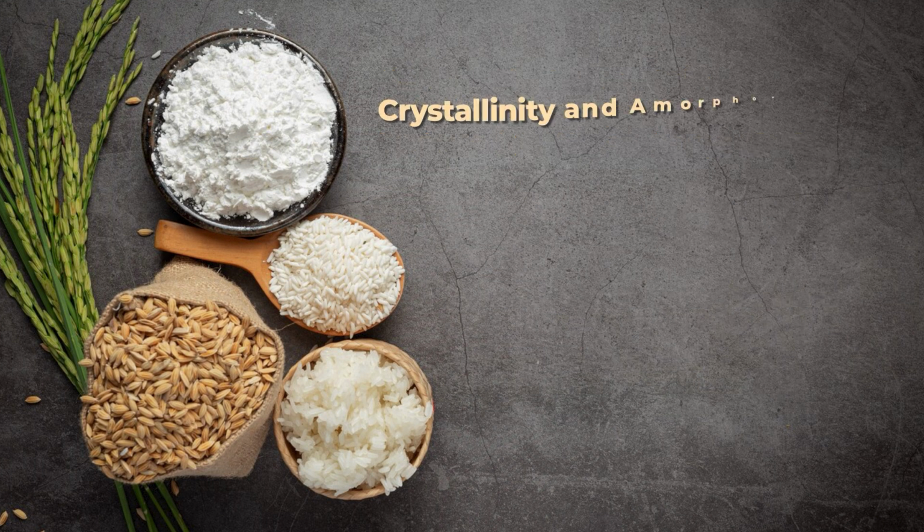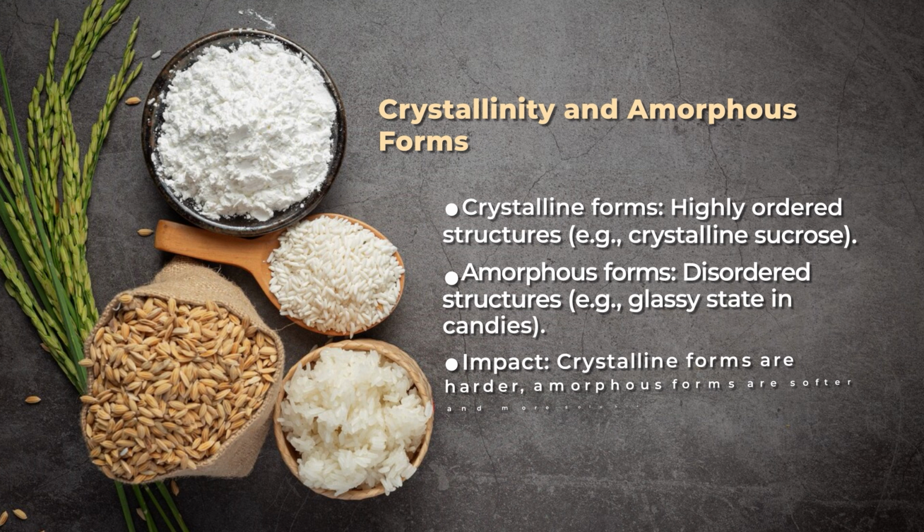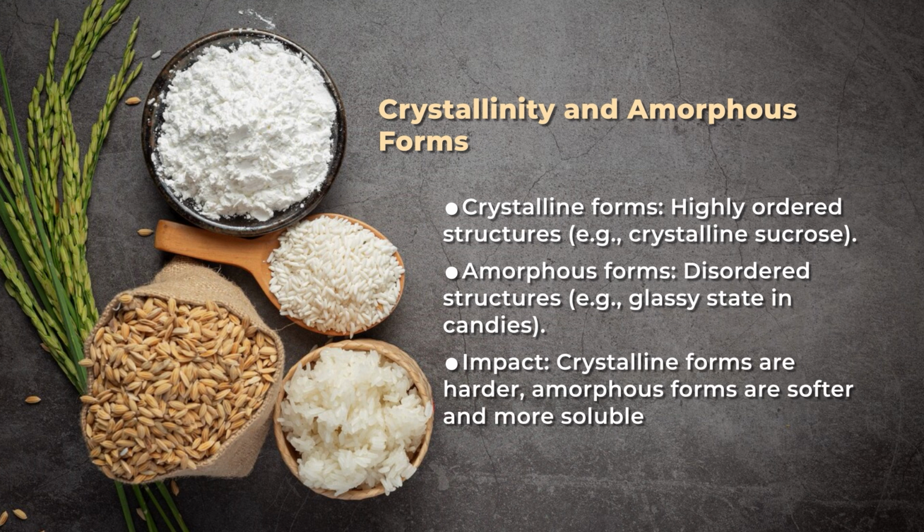Similarly, there are two terms, crystalline and amorphous form, as you may know. Crystalline is a highly ordered structure, like crystalline sucrose. Amorphous form is a disordered structure, like the glassy state in candies. Because of this, crystalline forms are harder, while the amorphous form is always softer and more soluble.